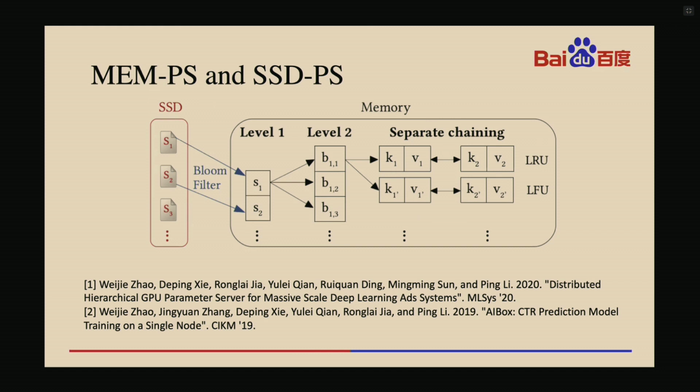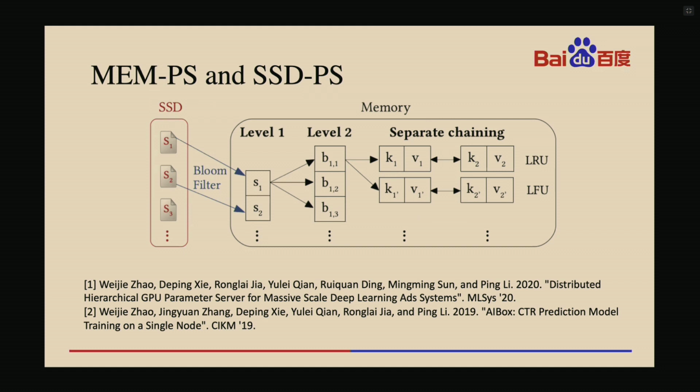A Bloom filter only requires a sublinear memory footprint, so it is very small. And when we ask the Bloom filter whether a parameter exists, it has 2 kinds of answer. One is the parameter may exist, or the parameter is definitely not existing in the collection.